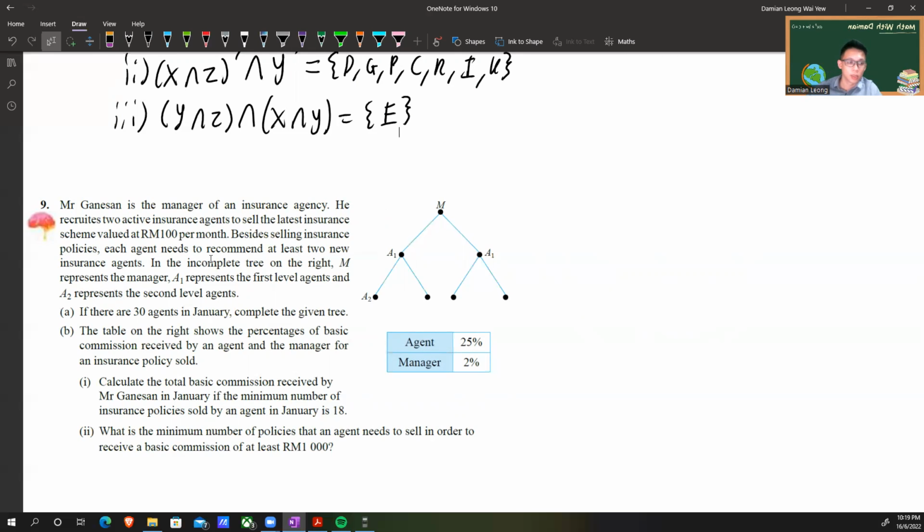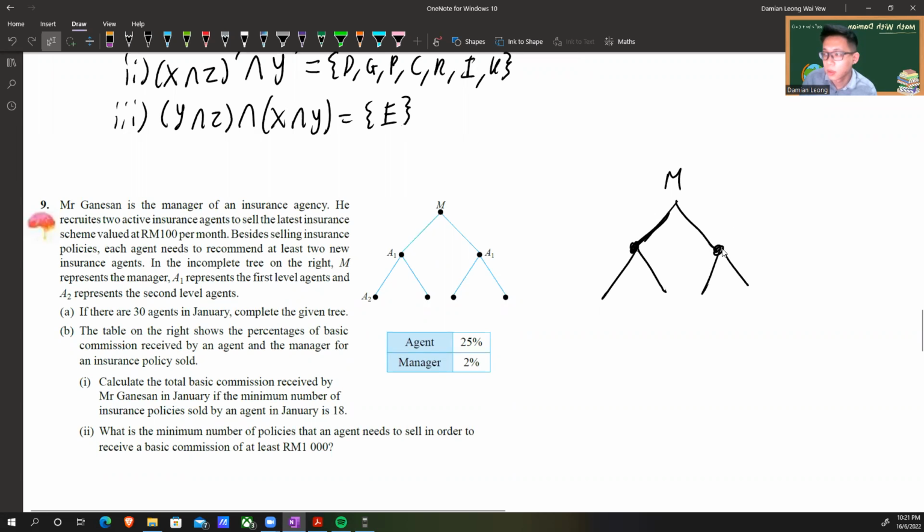So 30 agents in January. Basically, we branch out until there are 30 agents. We start from the manager and branch down. We have 2 agents.